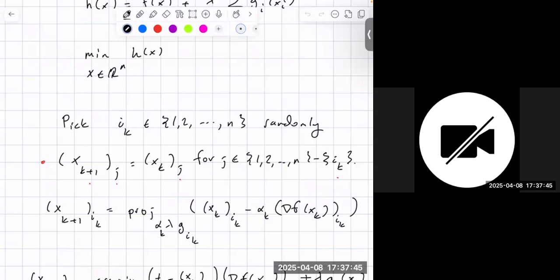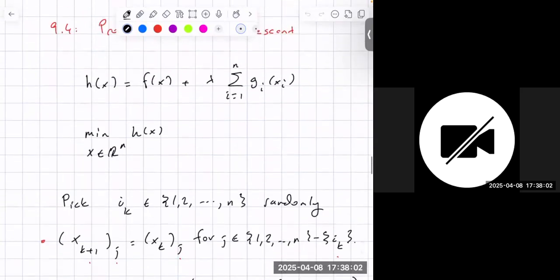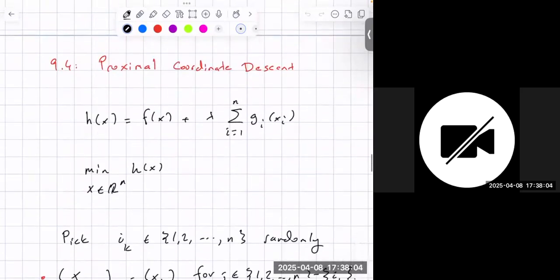Then do the projection using that one G that is relevant to the coordinate you're talking about. So let's think about this slowly. I am picking my coordinate randomly and look at the objective function, the G part here, the convex but not differentiable part.